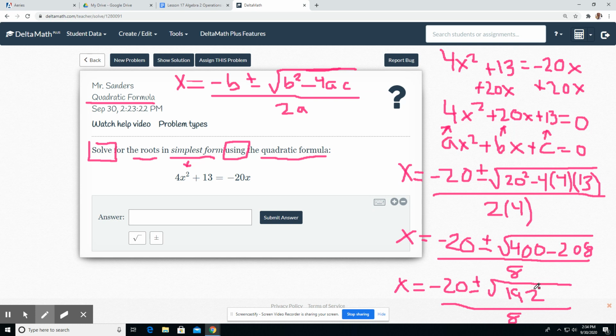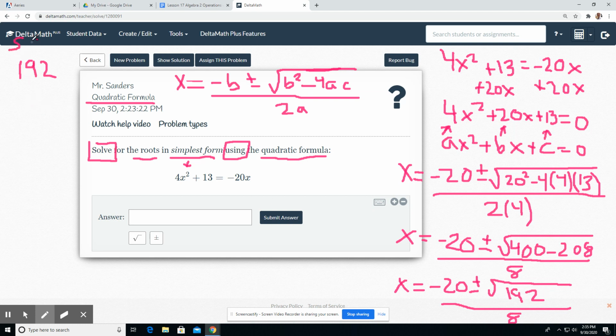Now 192 is an even number, so it looks like this radical simplifies. So we need to simplify this square root. To do that, I use a little trick. I use its prime factorization, and anytime I have a pair of numbers under here, I can pull one out.